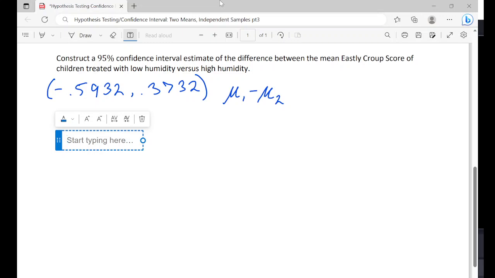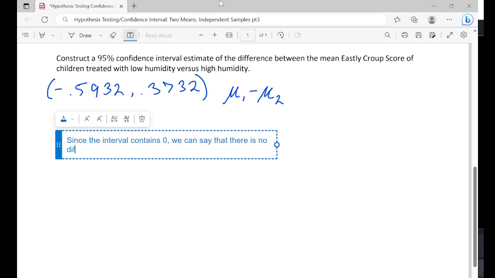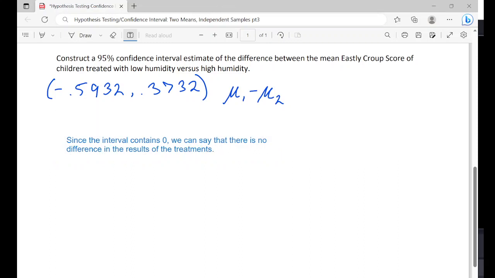So we can say in our conclusion that since the interval contains 0, there is no difference in the results of the treatments, the treatments being the low humidity and the high humidity.